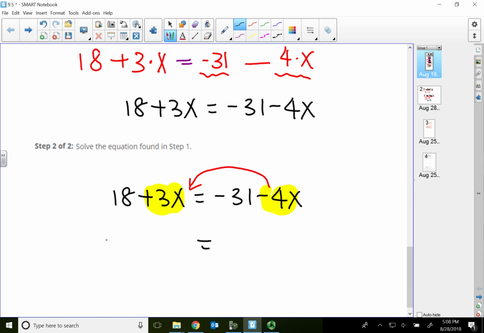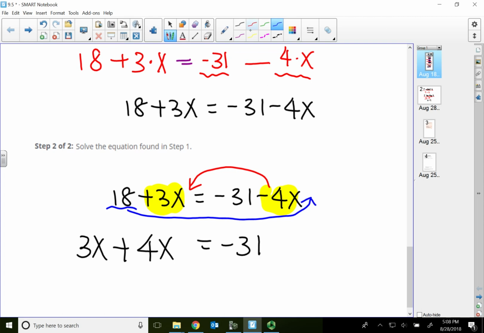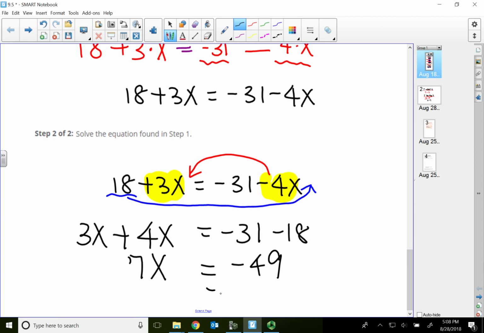So I should get 3x is still 3x, negative 4x comes over, becomes positive. On the right side, negative 31 is still there. Since all the x is going to be on the left side, the 18 has to be moved over to the right. That becomes negative 18. So if I combine like terms again, 7x equals negative 49. Divide both sides by the coefficient. My answer: x equals negative 7.